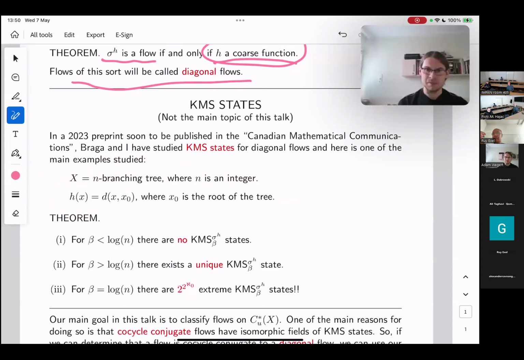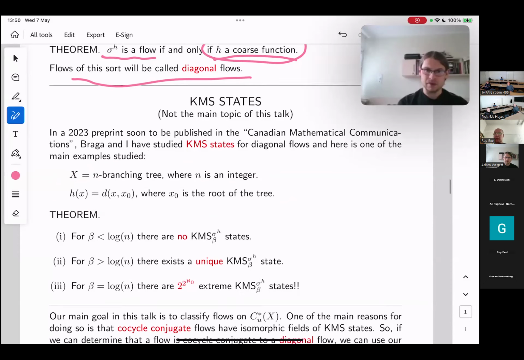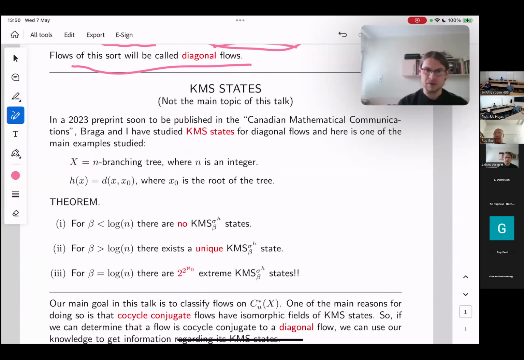So this gives a flow on the uniform Roe algebra, and we computed the KMS states. The solution is that if the inverse temperature beta is less than log n, n being the number of branches, then there are no KMS states. This is the Hawking temperature.